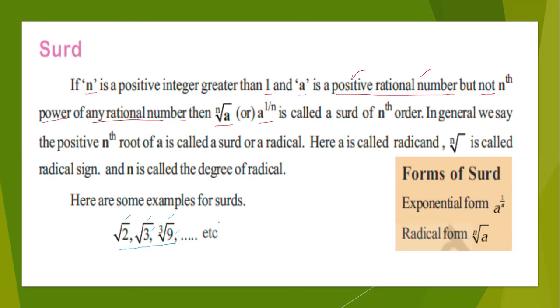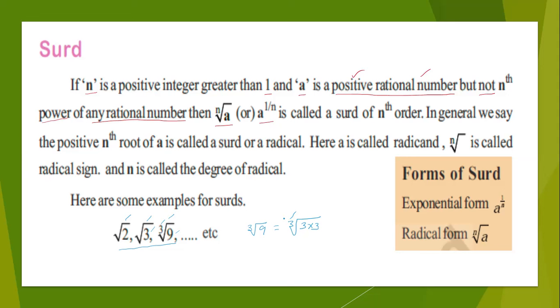here cube root 9. You may think 9 means 3 square, so it is a power of 3. But what is the power here? Nth power means third power. This may be possible to write like this, 3 into 3.